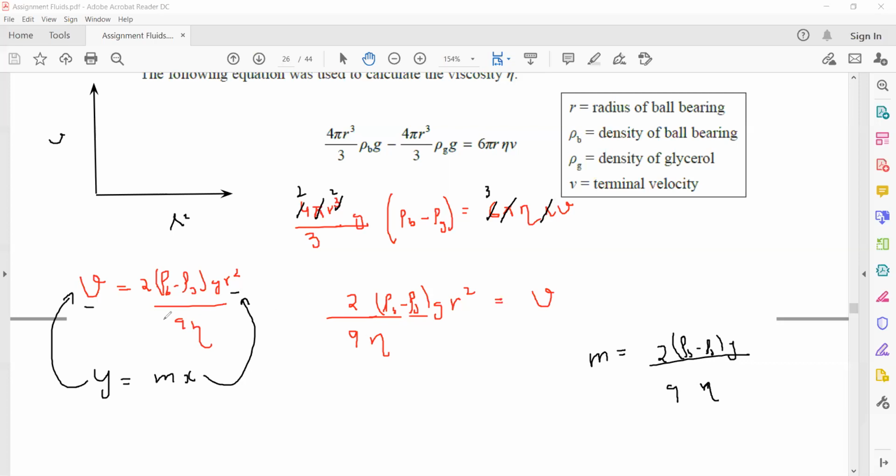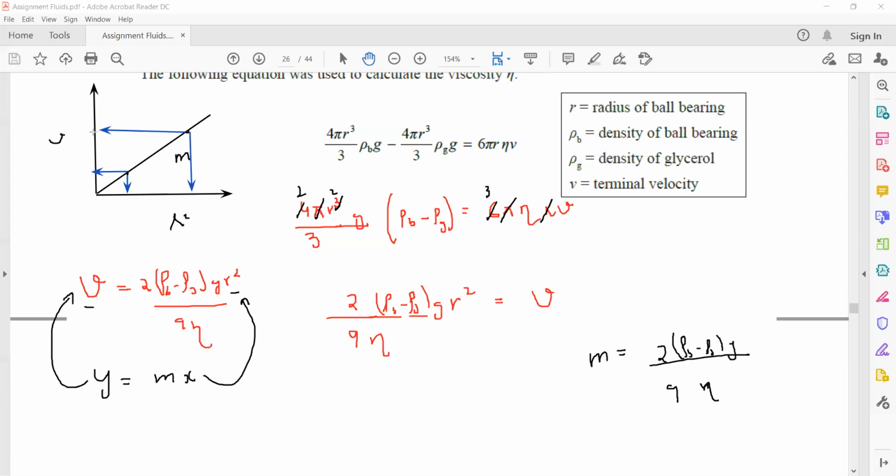So first you will work out this equation, then you will mention y is equal to mx. When we compare with the equation of a straight line, we'll get a straight line passing through the origin, and we will find the gradient of this straight line by using the formula y2 minus y1 over x2 minus x1.